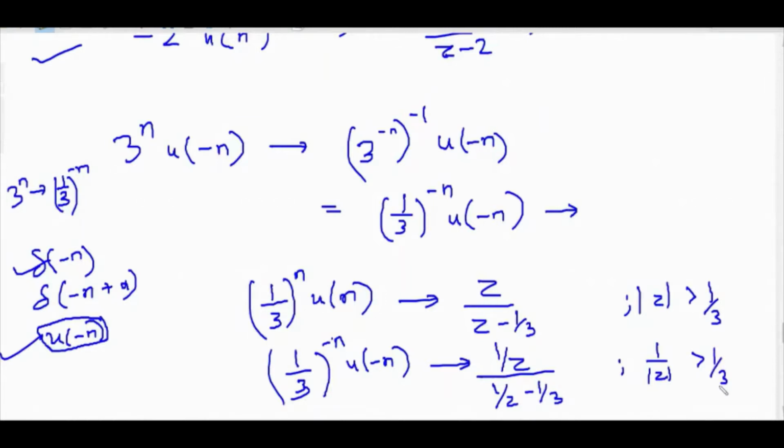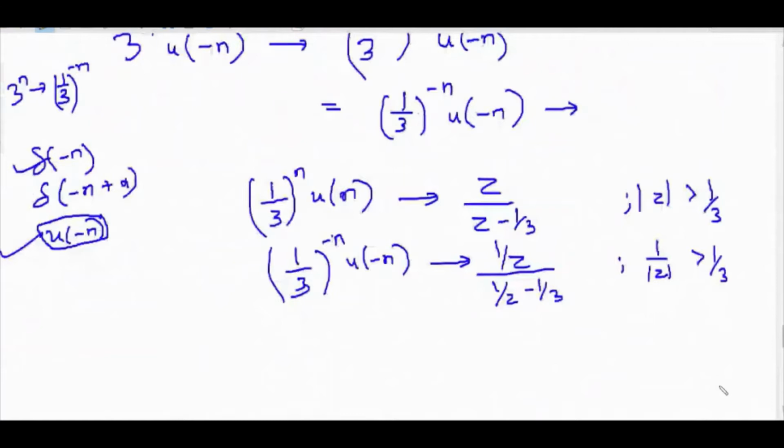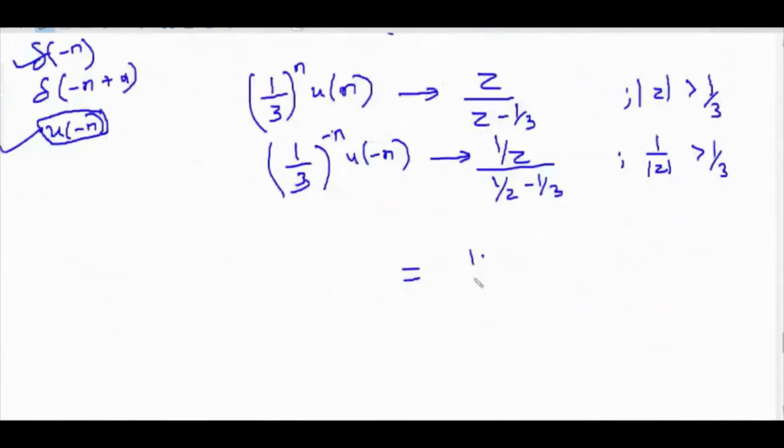So what will be the simplification? 1 by z divided by, cross multiplying, 3 minus z divided by 3z. So this z gets cancelled out, and this 3 will come in the numerator. So this becomes 3 upon 3 minus z. This is the answer. After cross multiplication in the denominator, z cancels and that 3 comes in the numerator.